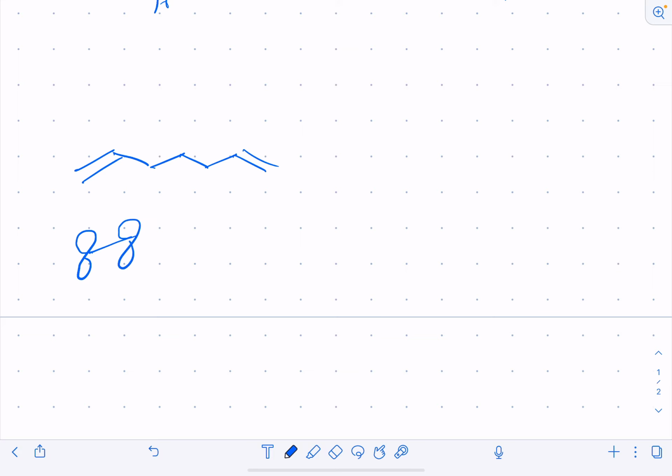I have p orbitals that are interacting to make the pi bond on the left-hand side of the molecule, and then all the way over here on the right-hand side of the molecule, I've got two other p orbitals that are interacting similarly to make that pi bond, right? So this pi bond is here, and that pi bond is there.